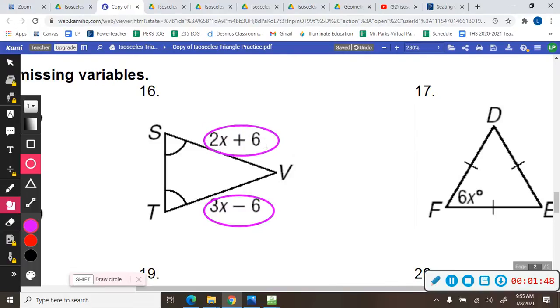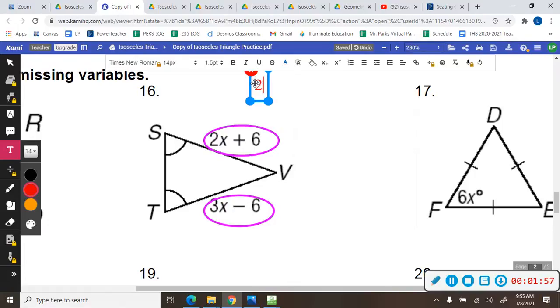So I know, because this triangle is isosceles based off the angles being the same, that my equation is going to be 2x plus 6 equals 3x minus 6. And then from there, I just go back to Algebra 1, and I solve that. I know it's kind of hard to show on the screen, but one way you could do it is minus 6 from both sides.